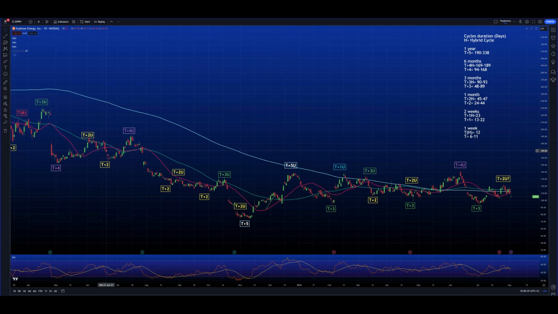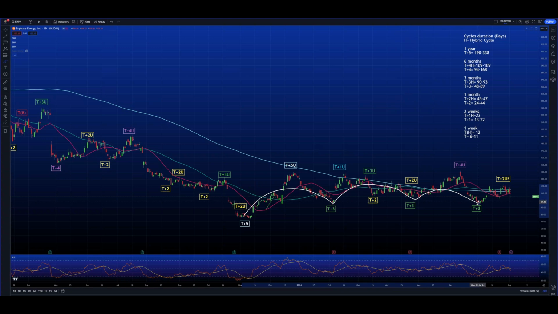This T plus 5 downward cycle has been divided in the first T plus 3 month cycle, the second T plus 3 month cycle, and now here we have the evidence with this low occurred on the 2nd of July 2024 that we have at least the beginning of a T plus 3, if not a T plus 4.